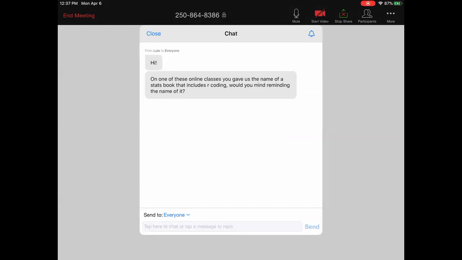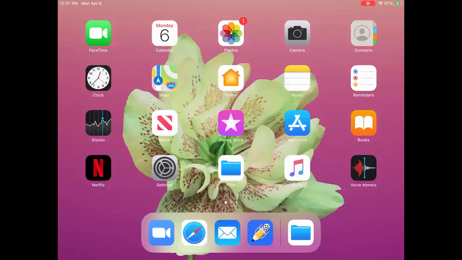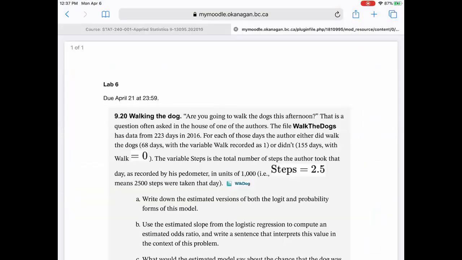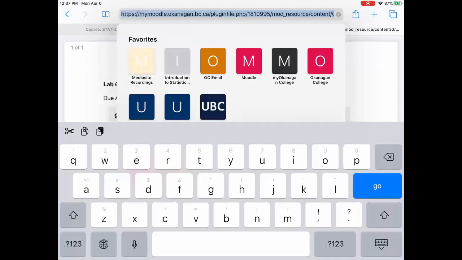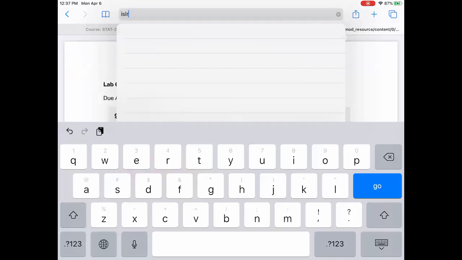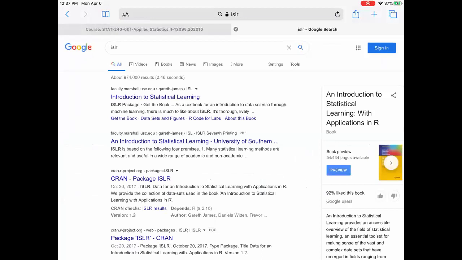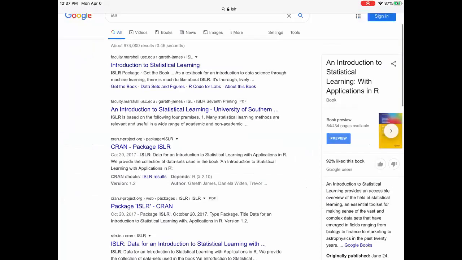The book that includes the R coding, what is it called? ISLR, I want to say. Yeah, this one.